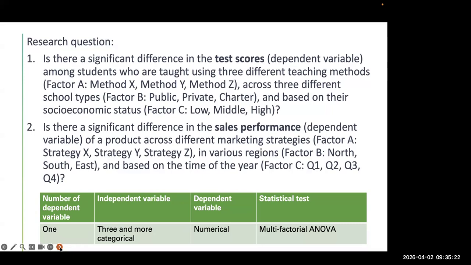Either factor A, they use strategy X, Y, or Z, in terms of region, north, south, and east, or based on the time of the year, Q1, Q2, Q3, or Q4. So now I have three categorical factors, and I have only one outcome or one dependent variable, which is numerical. So in this case, I have to use multifactorial ANOVA.